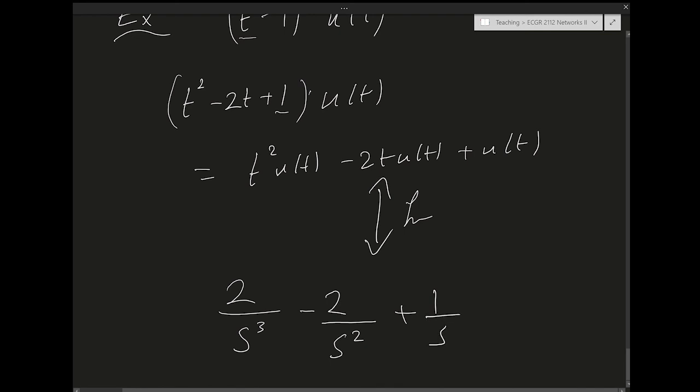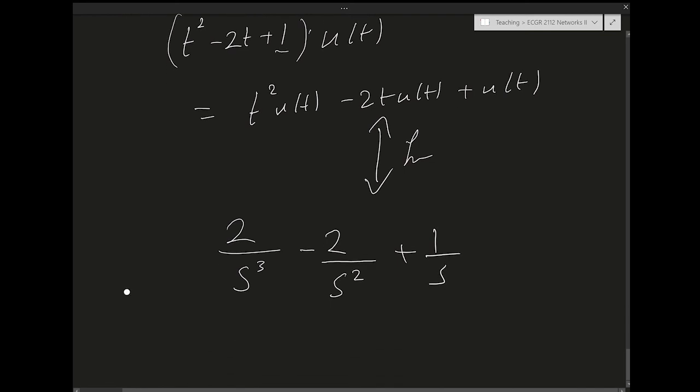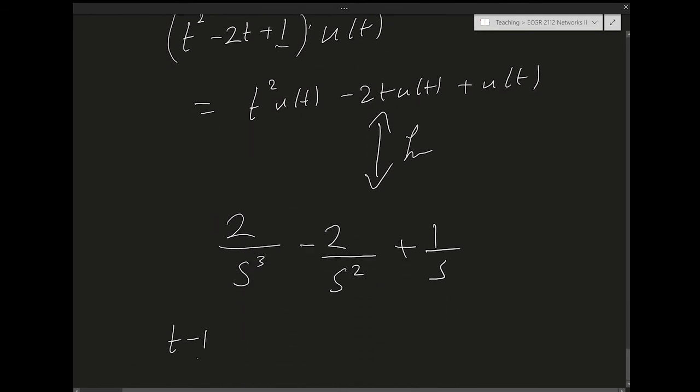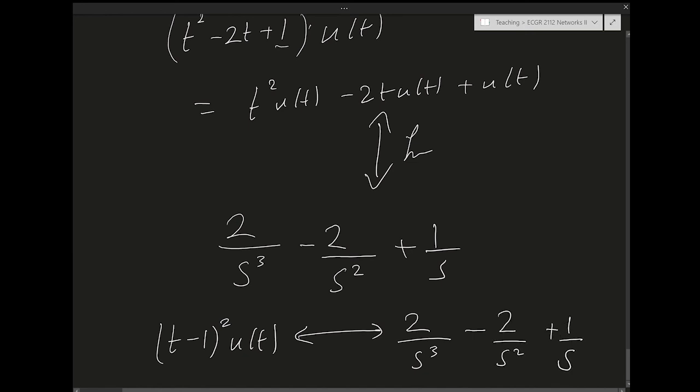So this is what the Laplace transform would be. Here I cannot apply the translation property right away because t is not translated along with the function. I had to evaluate the expression itself. So the Laplace transform of (t minus 1) squared u of t is 2 over s cubed minus 2 over s squared plus 1 over s. Okay?